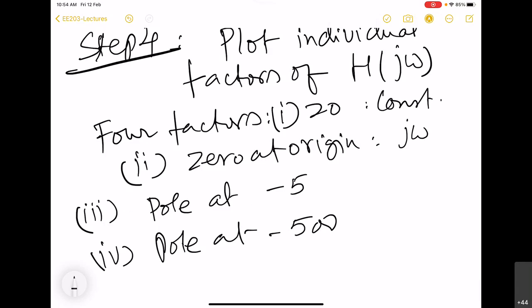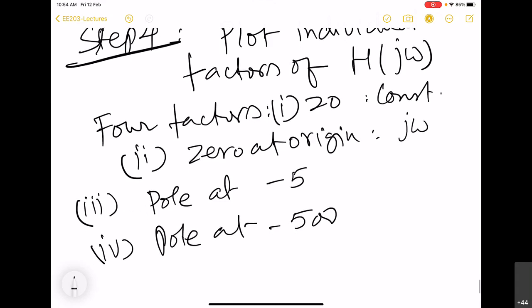Right, so each of these four factors, they have to be plotted.